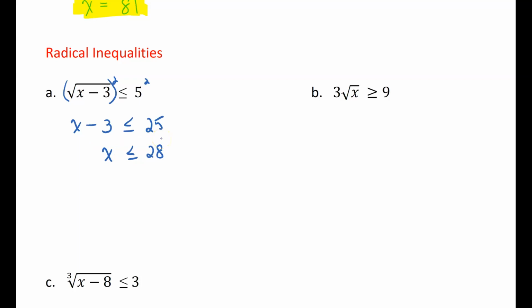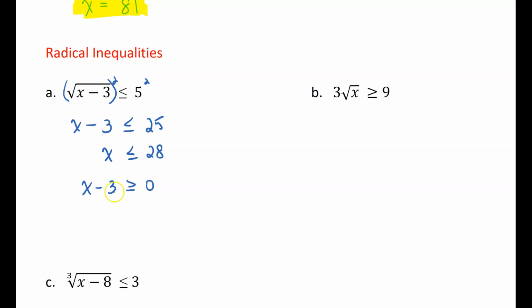Okay. So the other thing I have to take into consideration is looking at the radical, I see that the radicand x minus 3 has to be greater than or equal to 0. So remember we talked about this last class. The domain of even roots, the radicand has to be greater than or equal to 0.